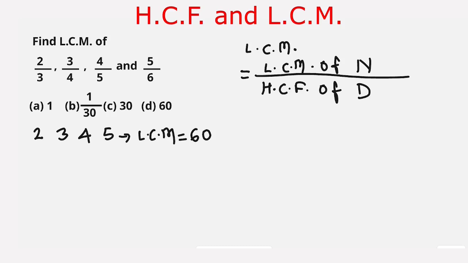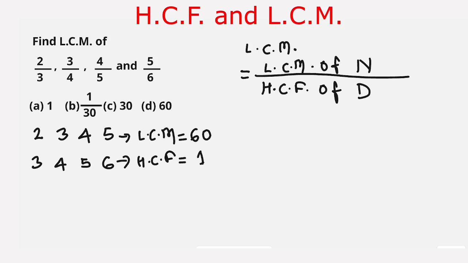And we have to find the HCF of denominator numbers, which are 3, 4, 5 and 6. The HCF of 4 and 6 is 2. And 3 and 5 are prime numbers. So their HCF is 1. So the HCF of 1 and 2 is 1. So the HCF of 3, 4, 5 and 6 is 1.